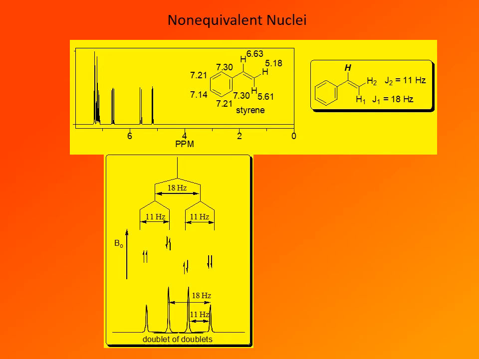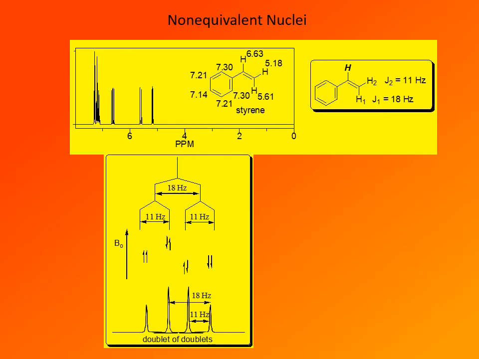But actually splitting is much more complex, and observed signals are far more complex. What happens is that each individual proton, because they are different, splits the signal separately. So when we consider the proton at 6.63, that's the lone CH proton.